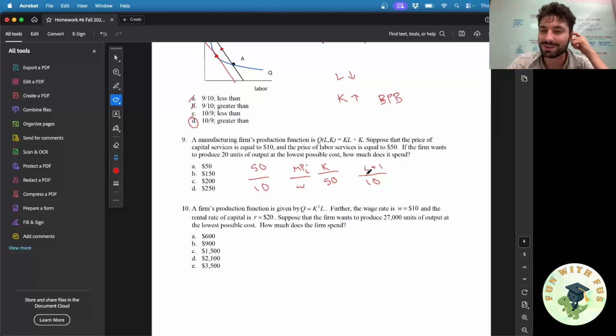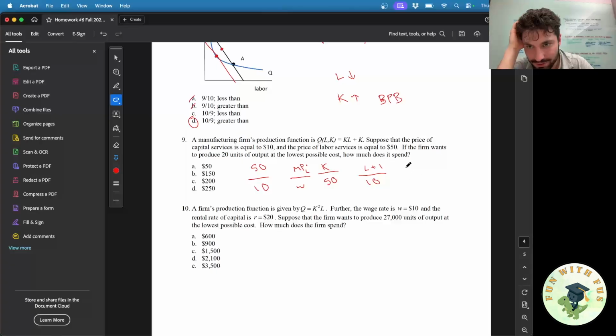I'm trying to think. If I were to get to 20, I'm kind of running myself in circles with this. So I will just use the plug and chug method because of how easy it is. Capital seems to be a way better situation, so I'm just going to start spamming a bunch of capital and see what happens.